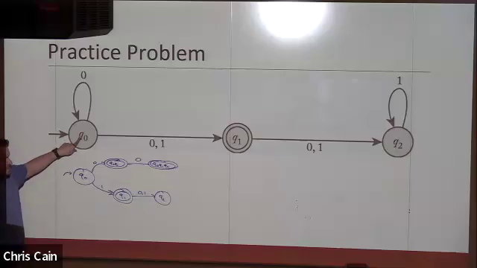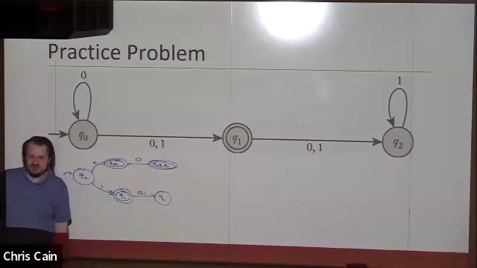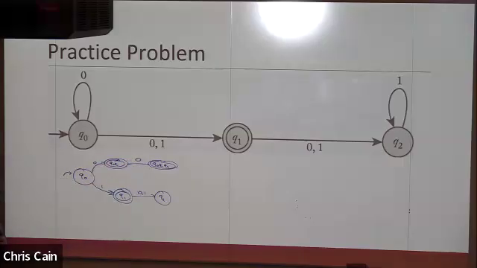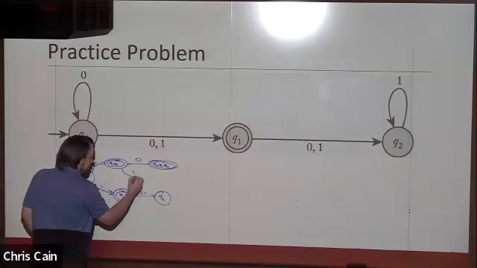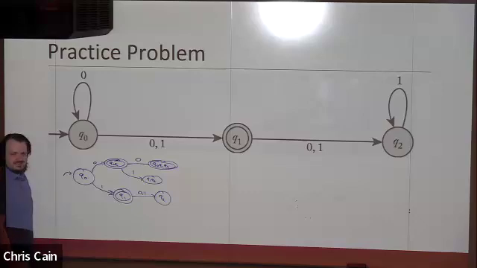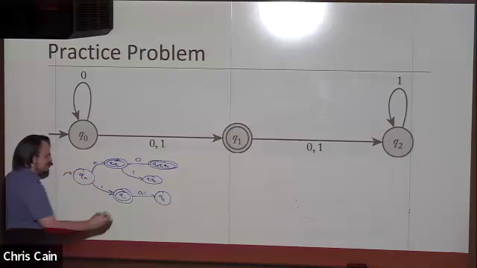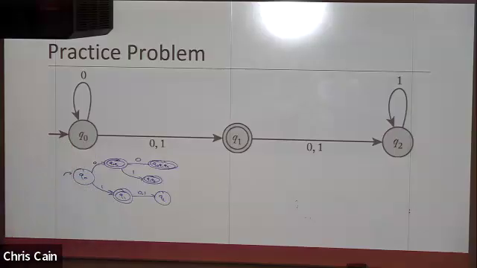If you're in Q0, you can only go to Q1 on a 1. If you're in Q1, you can only go to Q2. So the set of states is Q1 and Q2. So on a 1, we're moving to Q1, Q2. Is that state final? Yes, one of those internal states is final, so it is accepting. Gosh, we made a lot of states that time.